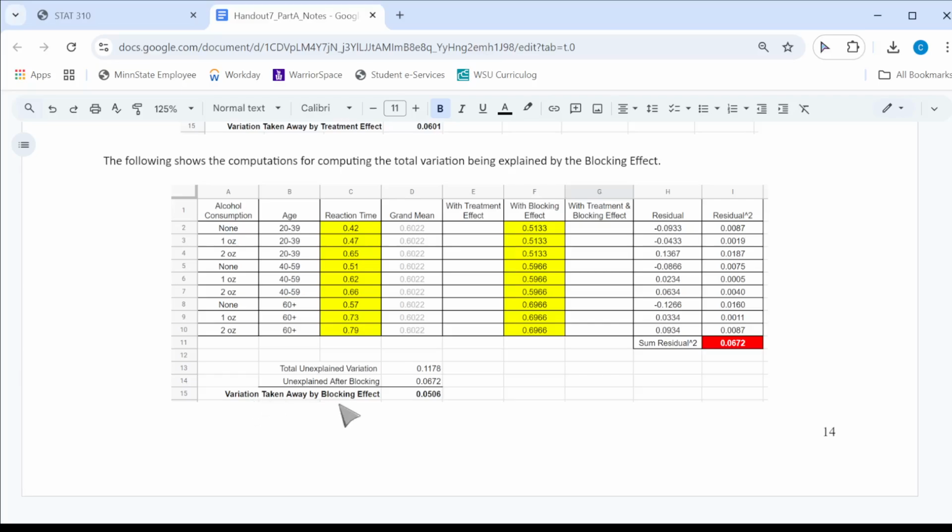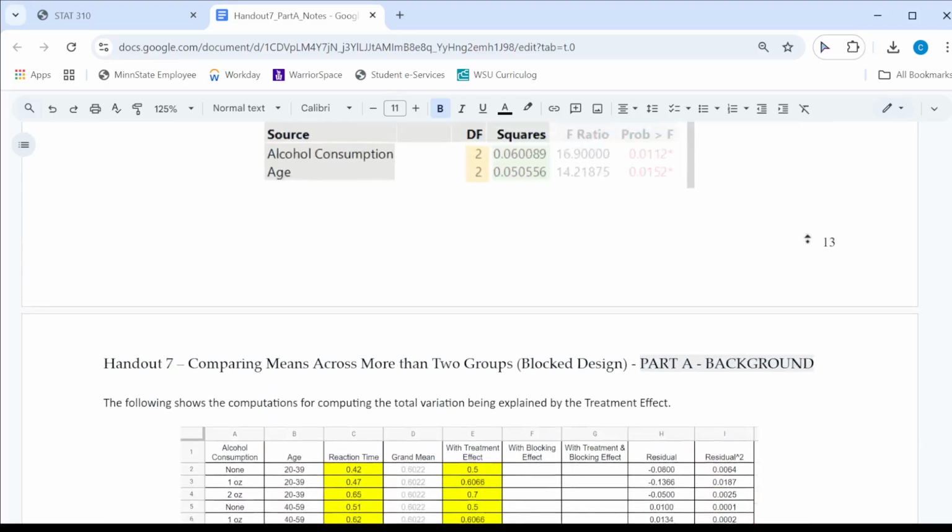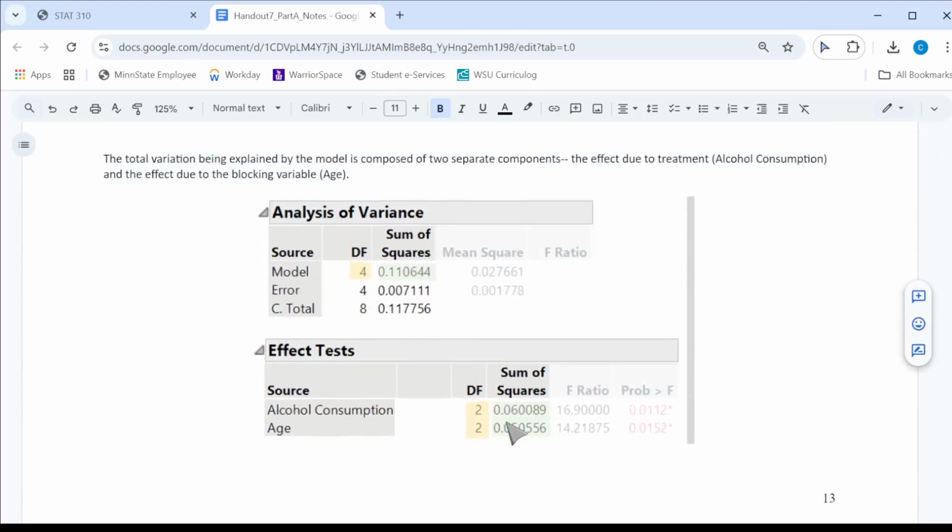So the variation taken away by the blocking effect is 0.1178 minus 0.0672, which gives me the 0.05. And for my treatments, I got about 0.06 that's being taken away due to the treatment effect. So that's how this 0.11 gets decomposed into its two pieces.